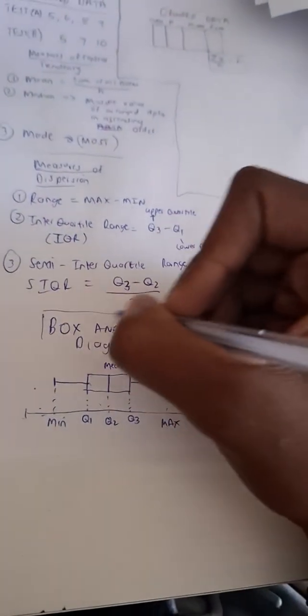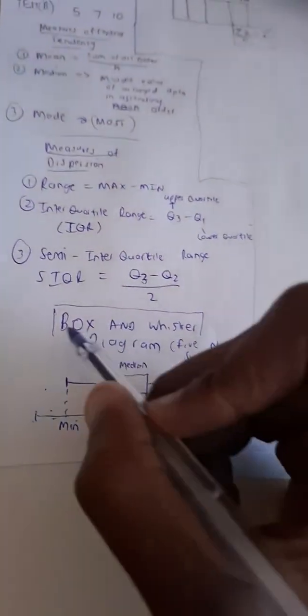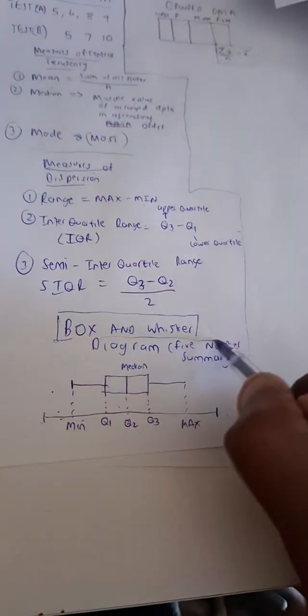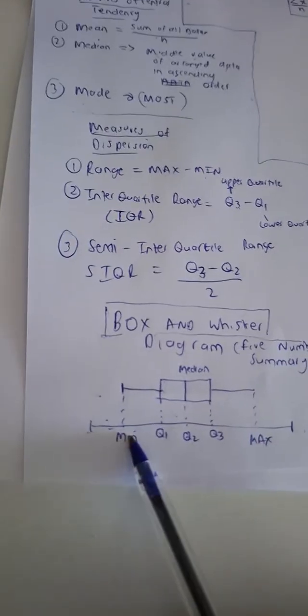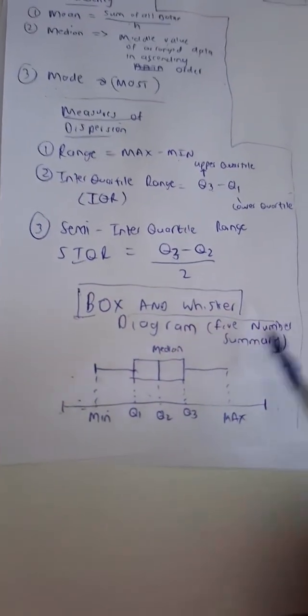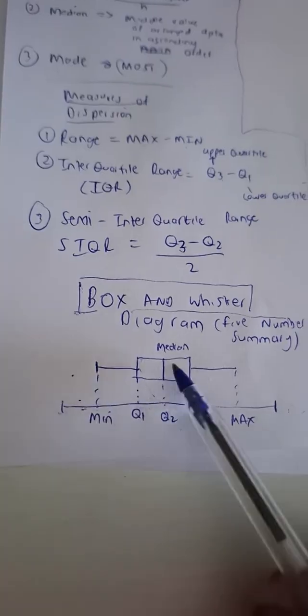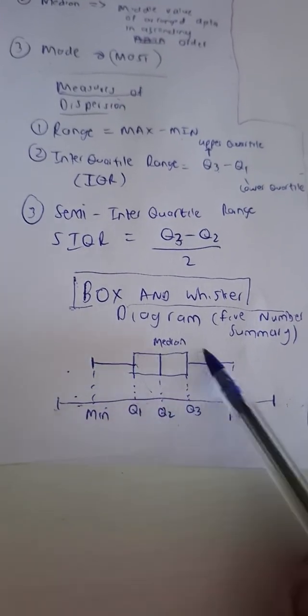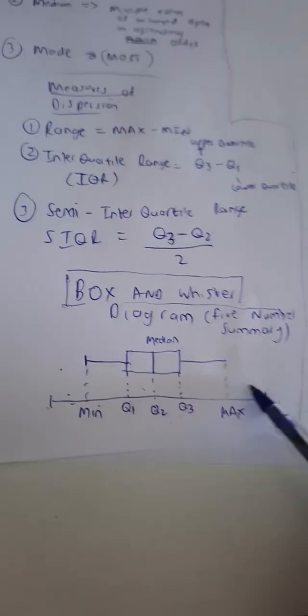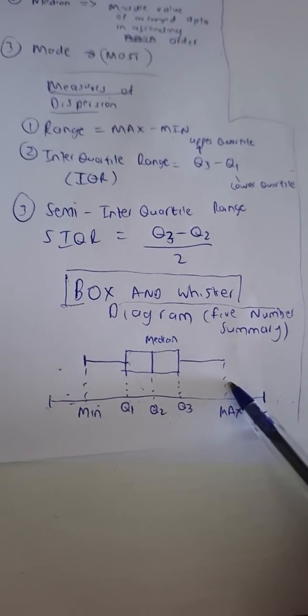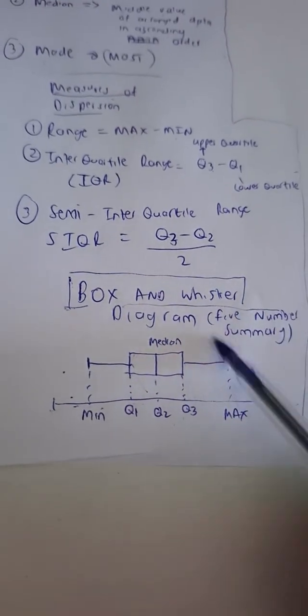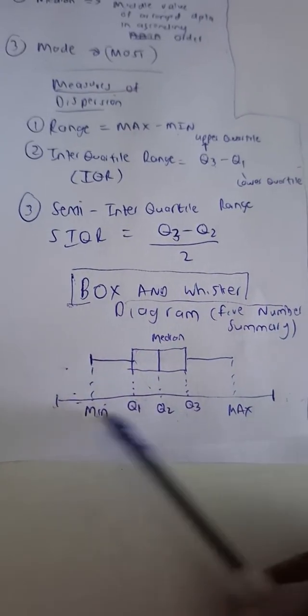This is a box and whisker diagram, and it is a tool by which we are able to summarize our data using the minimum, Q1, your lower quartile, Q2, your median, Q3, your upper quartile, and your maximum value. That comprises your 5-number summary. So that's a brief on ungrouped data.